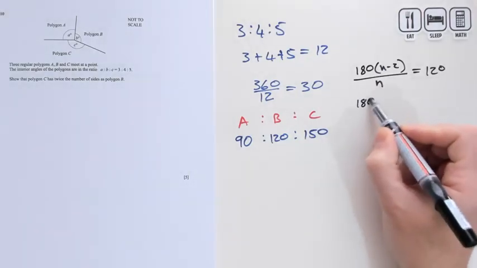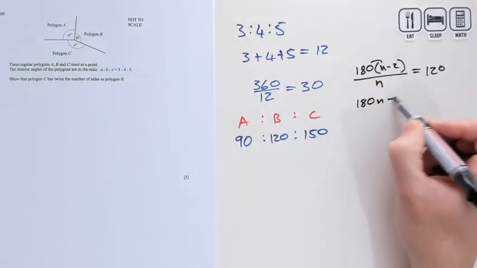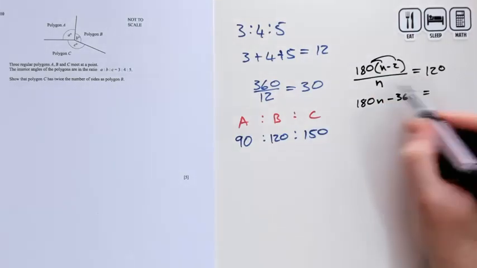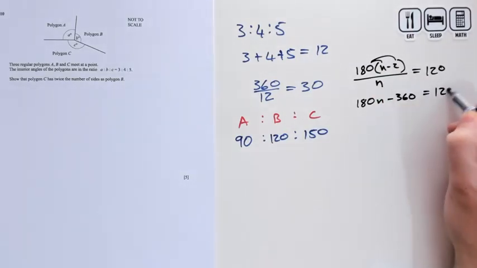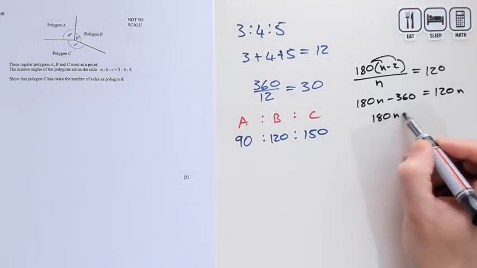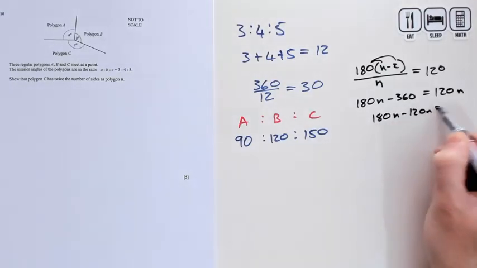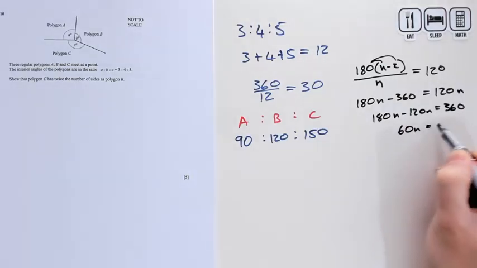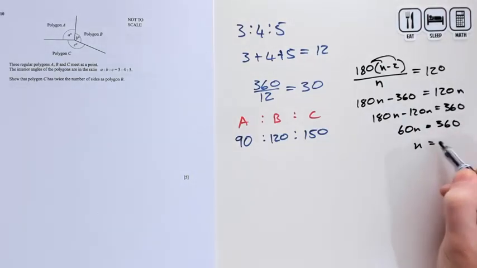So I'd have 180n minus 360, doing two things in one go, is going to be on multiplying by that n to have 120n, and you can rearrange this to be 180n minus 120n equals 360. So I'll have 60n is 360, so n would just be 360 divided by 60, which is 6.